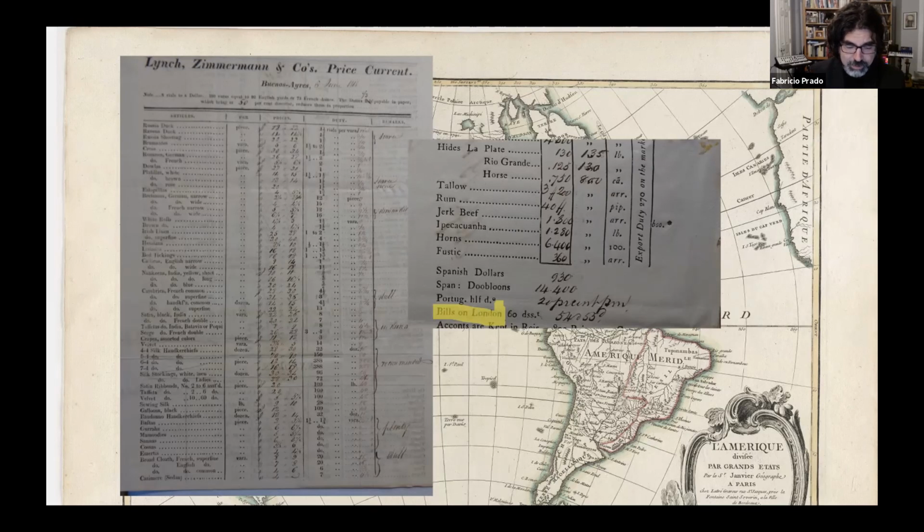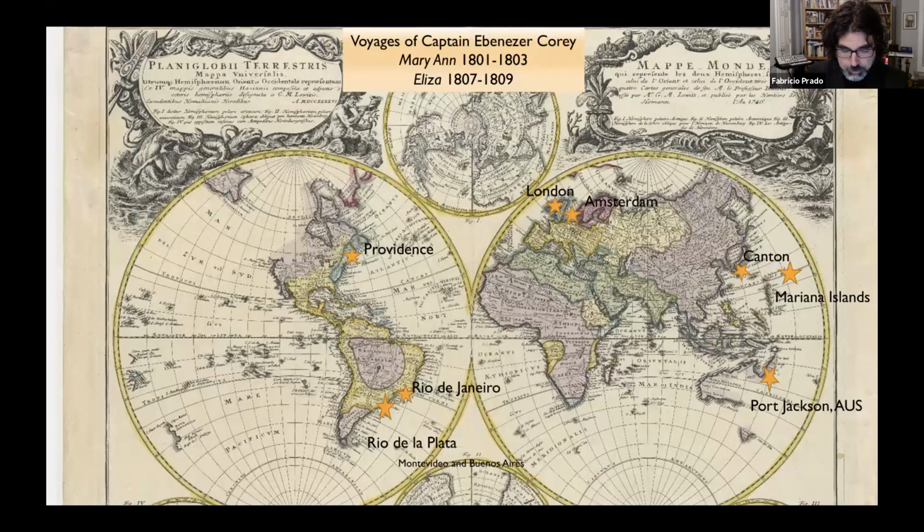So it was in the year 1800 when Brown and Ives, after hearing about the great profits possible in the trade of silver in South America, decided to organize a voyage of speculation to Rio de la Plata. Because the Spanish Empire did not allow trade with neutrals, and especially did not allow the exportation of silver, this voyage involved contraband, necessarily involving some methods and techniques to bypass Spanish rule.